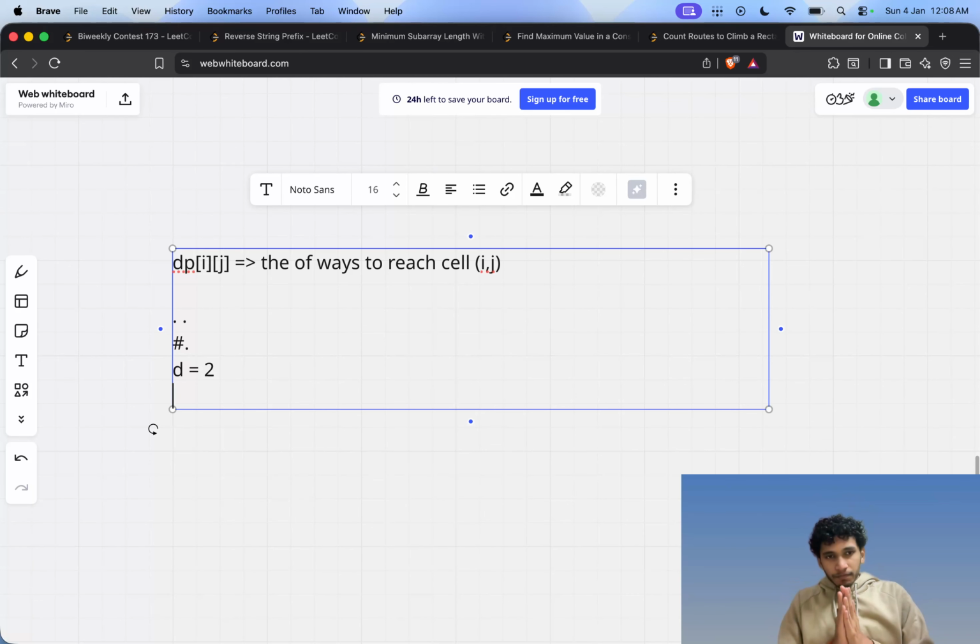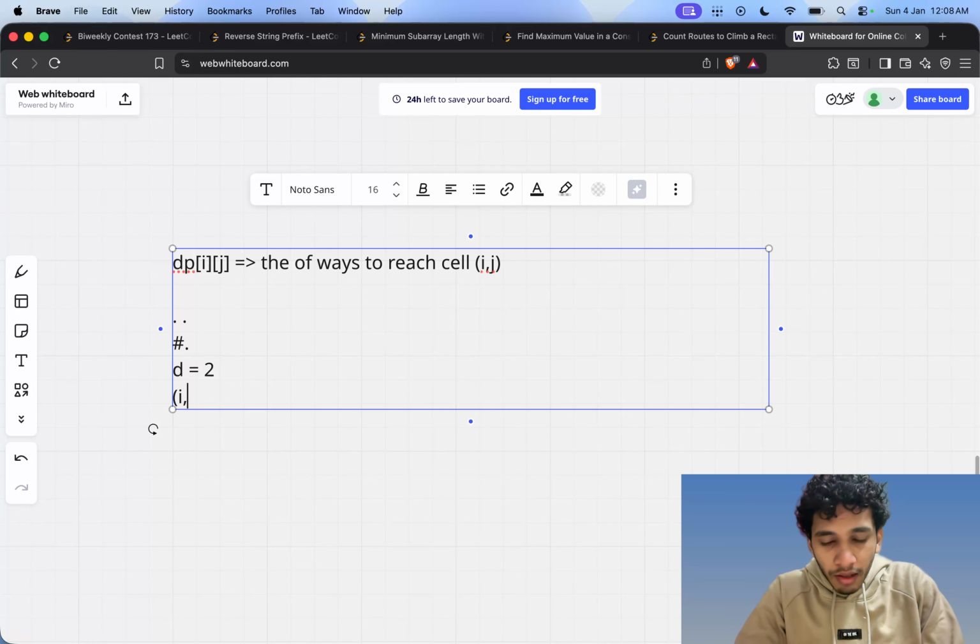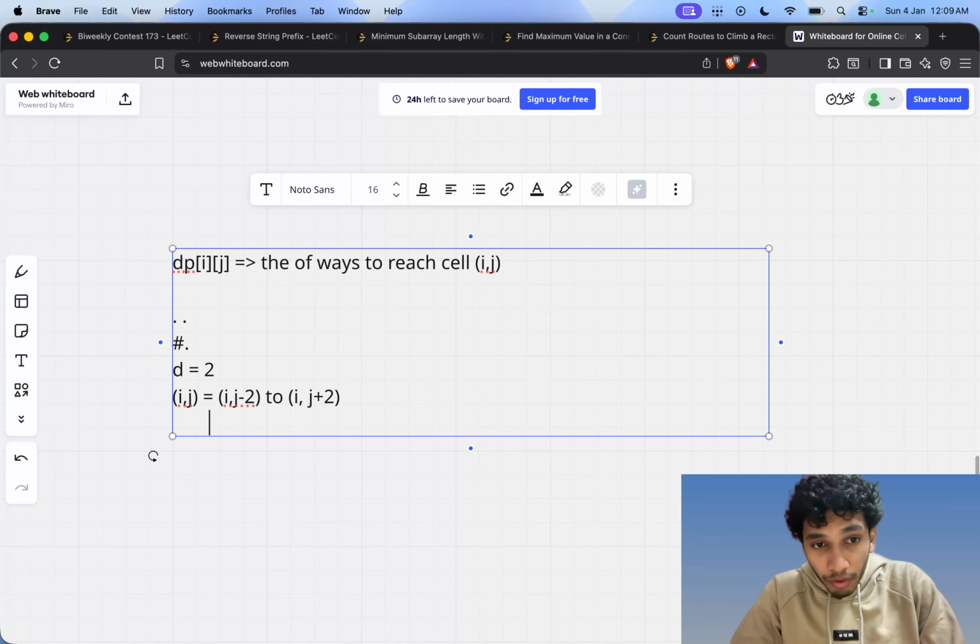First thing, if we want to move on the same row, then d will be 2. So for cell i j, we can move up to i, j minus 2 and i, j plus 2 in the same row.